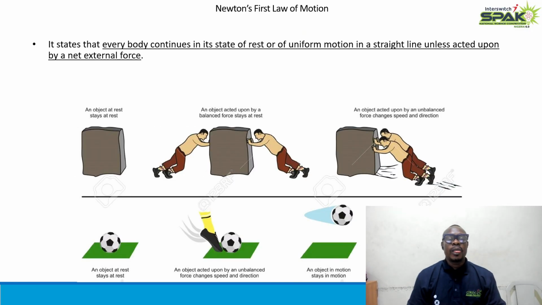Learning objectives: by the end of the lesson, I would expect my students to, one, state Newton's first law of motion; two, explain the concept of inertia and how it is related to Newton's first law of motion; three, give practical examples of Newton's first law of motion; four, state Newton's second law of motion and, more importantly, derive the formula of Newton's second law of motion, which is F equals ma.